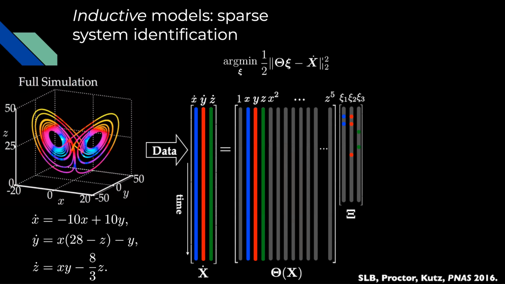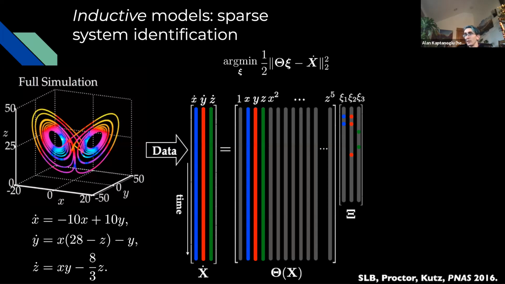Regular linear regression is easy. One way to phrase it is you ask for the set of coefficients that minimizes the difference between your measurements on the left-hand side and the right-hand side, which is the model you're trying to fit to the data. It turns out, for reasons I'll show in the next slide, this tends not to work very well.